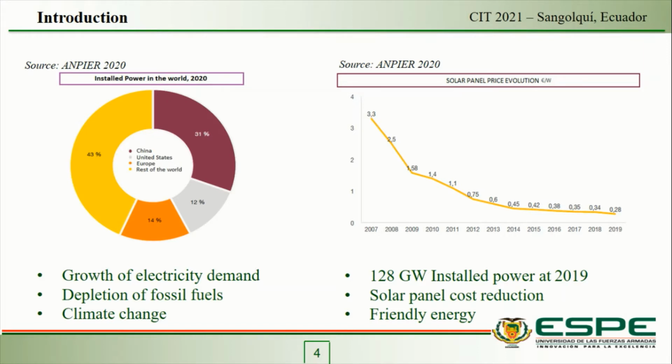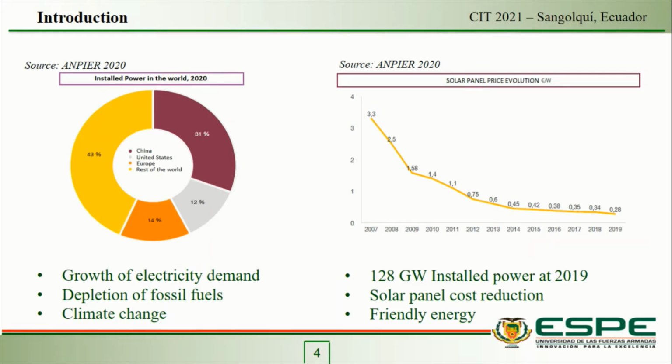As a result, there were 128 gigawatts of photovoltaic energy installed worldwide by 2019, where China and the United States were the countries with the highest growth, accounting for more than 40% of the photovoltaic installed capacity this year.